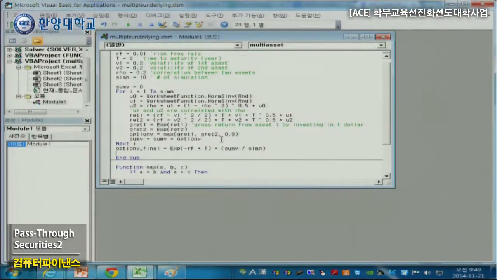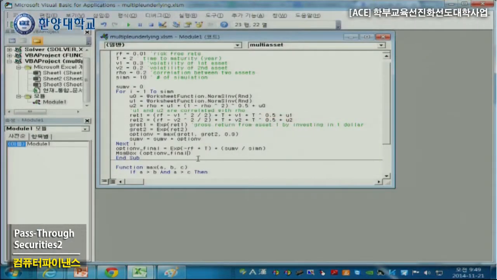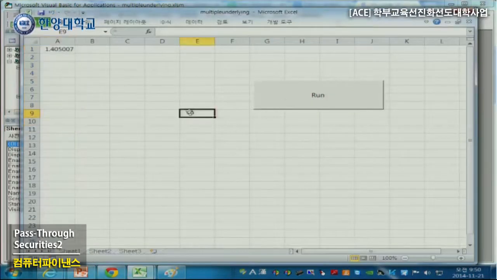We are done, and let's check. If we run this one, this is my option value, right? So if I run, this is the option value.